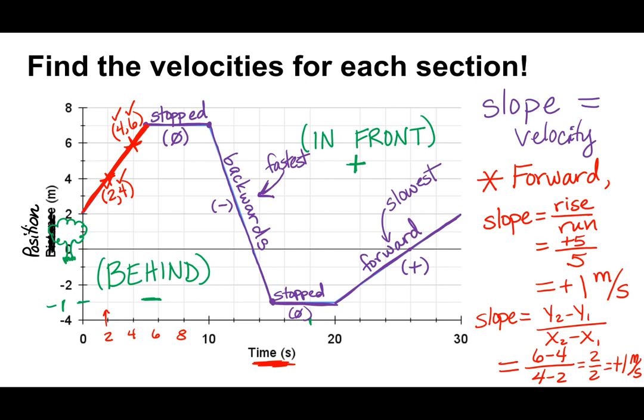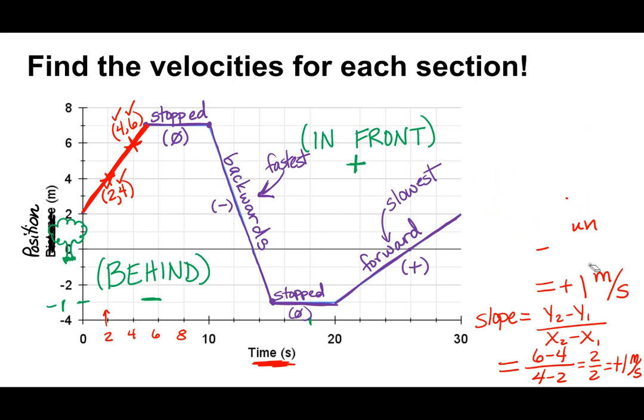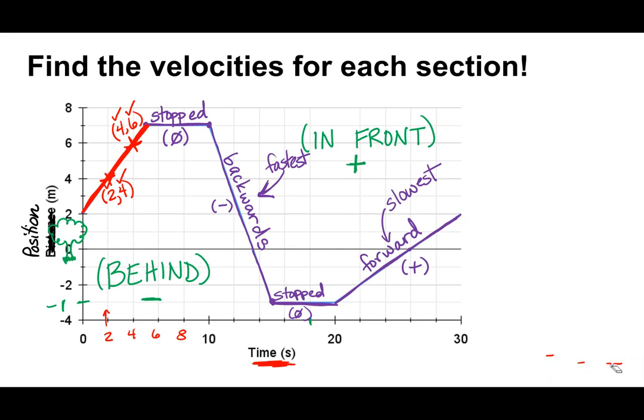Now, what you would want to do is, of course, find the slopes for all of these different segments. And so, I'll tell you what, if I now erase this, there we go. And give you what each of those are. All right, so from 0 to 5 seconds, we're going positive 1 meter per second.